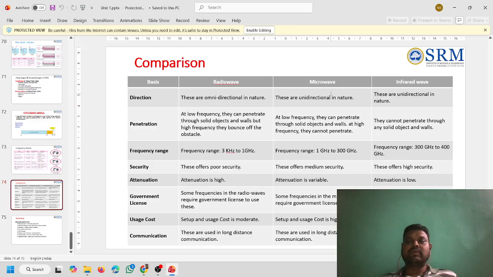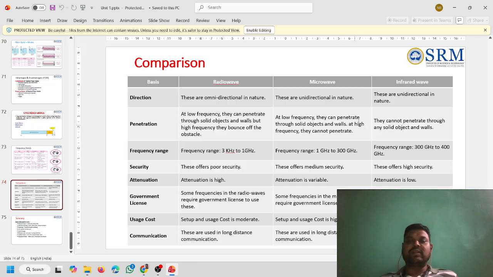Whereas microwave and infrared waves are unidirectional in nature. So one direction, right? It requires line of sight, right? And radio waves use low frequency so that they can penetrate through objects, walls, trees, right? Whether it is a moving object or a non-moving object, it can penetrate.